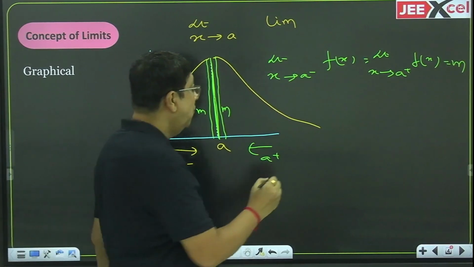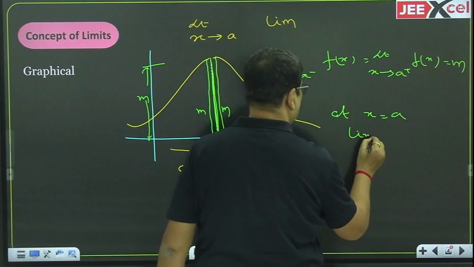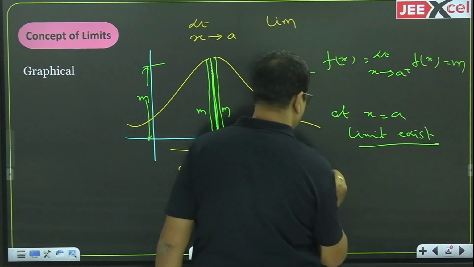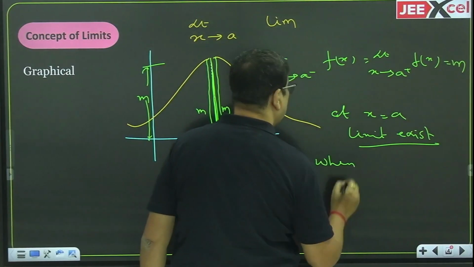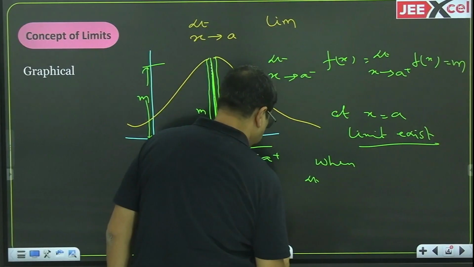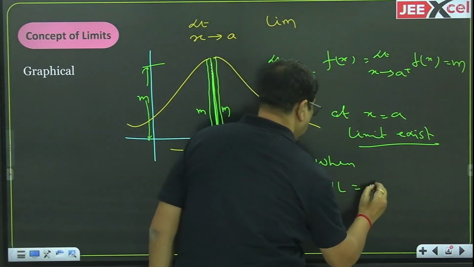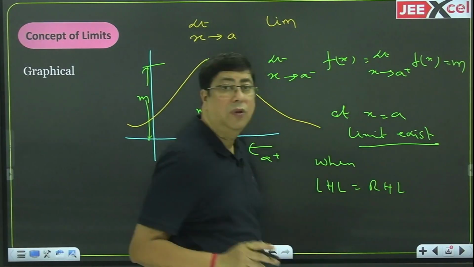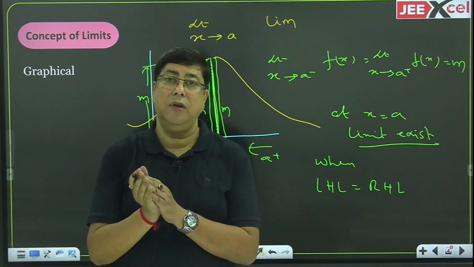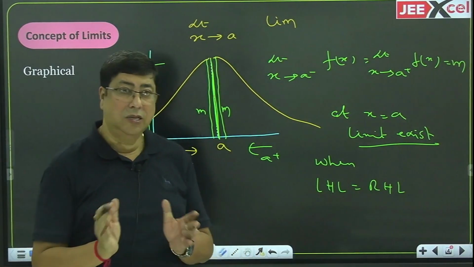Therefore at x equal to a, the limit exists when the left-hand limit equals the right-hand limit. Otherwise we can say that the limit does not exist. If left-hand limit and right-hand limit are not matching, we'll say that the limit does not exist. Okay, this is the concept.